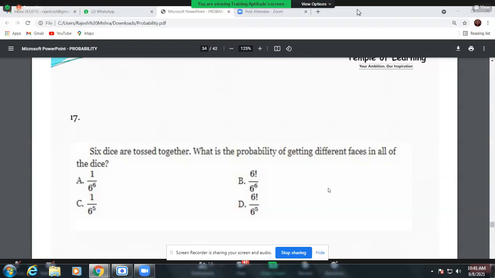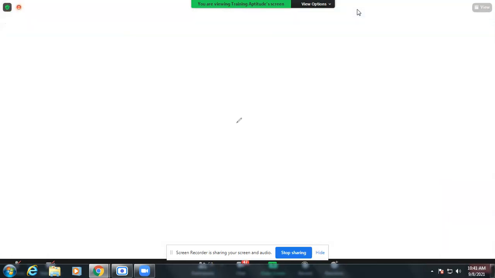What is the probability of getting different faces in all the dice? बड़ा इंटरेस्टिंग क्वेश्चन है ये, मैं आपको एक्सप्लेन करना चाहता हूँ। 6 डाइस है, ठीक है, मेरे को अलग अलग चाहिए हर एक में, यानी कि 6 आउटकम है। स्टूडेंट्स, मैं फेवरेबल केसेस डिस्कस कर रहा हूँ। I am discussing the favorable.